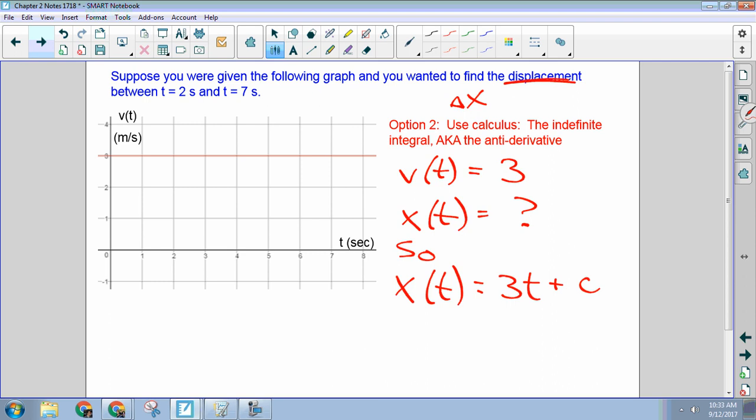We don't know c. We just know there could be some number there, we just don't know what it is. So we're kind of like, there's some number, I don't know what it is, let's deal with it. But it turns out that it usually won't matter, because remember, we're trying to find the change in position between t equals 2 and t equals 7.